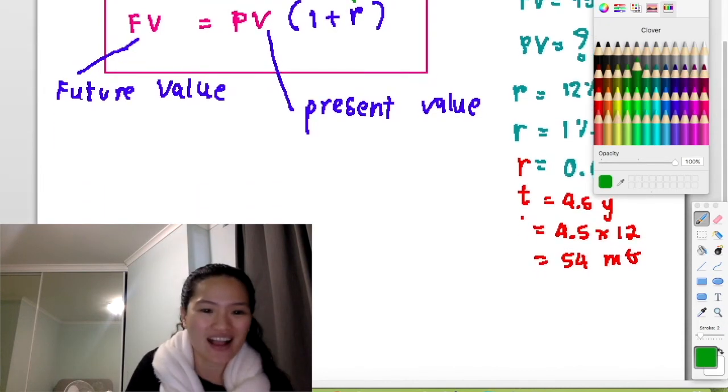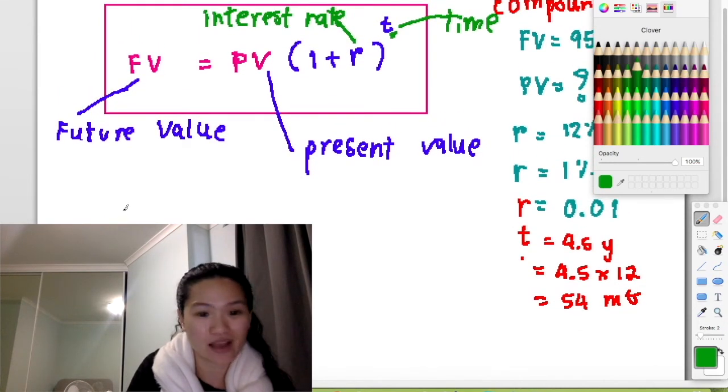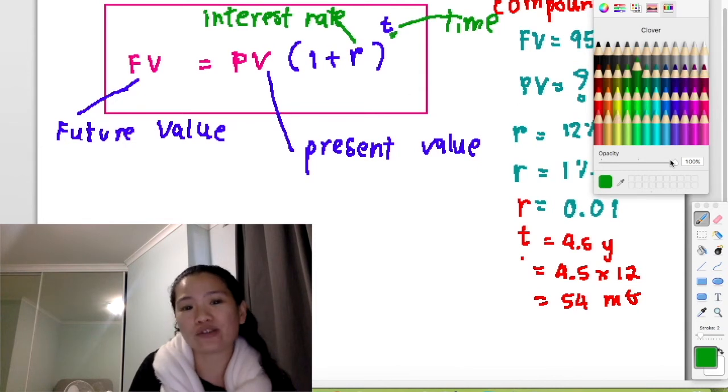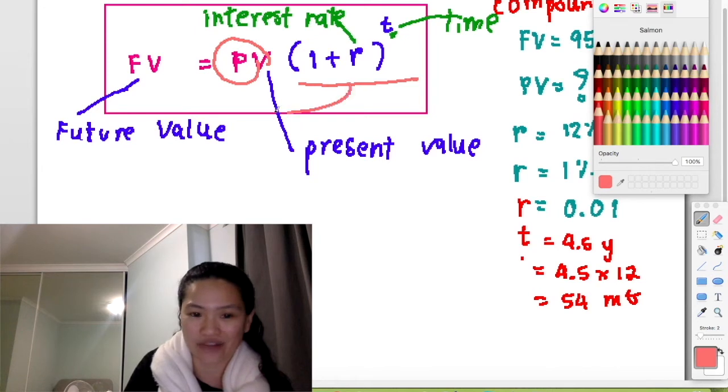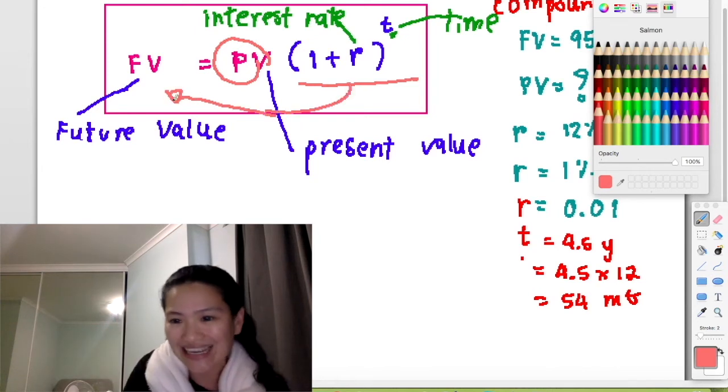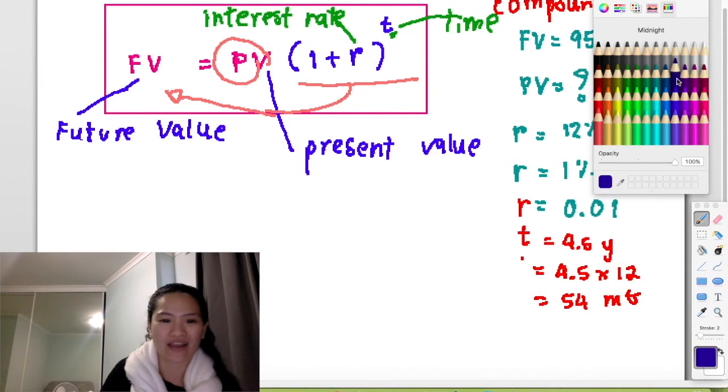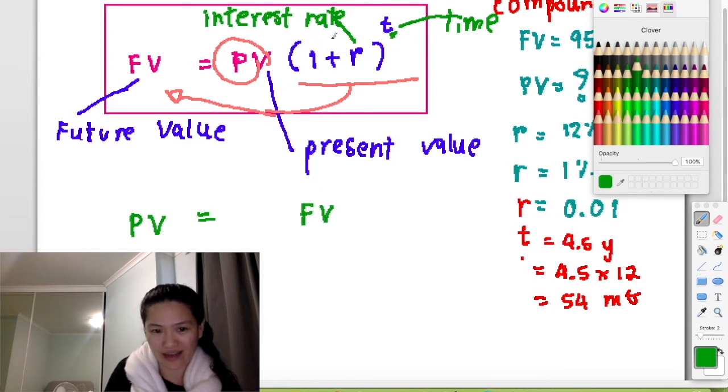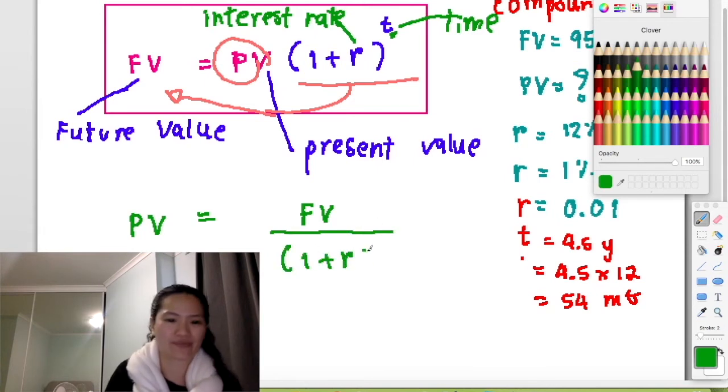Okay. So FV equals PV multiplied by (1 plus R) to the power T. What I want to do is find PV. I'll move this term to the other side of the equation. So PV equals FV divided by (1 plus R) to the power T, because when we move a multiplied term to the other side, it becomes divided.